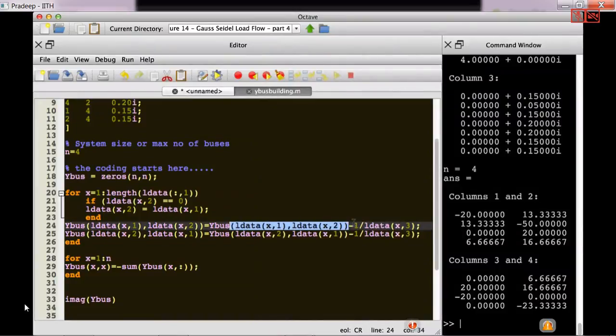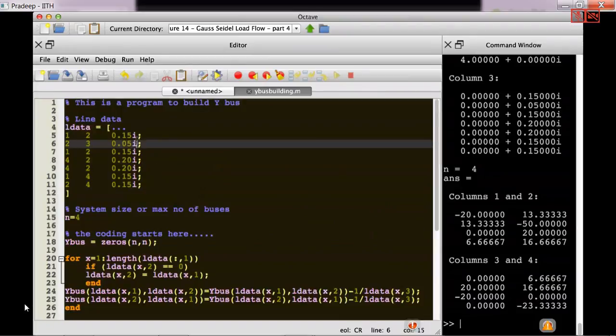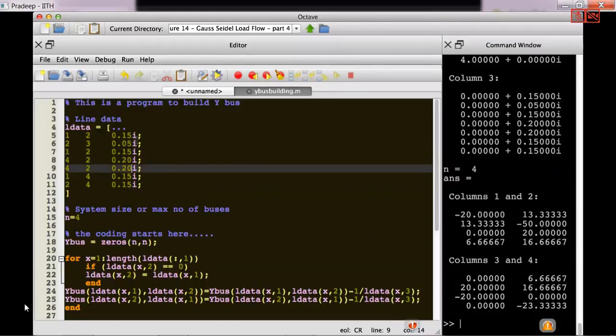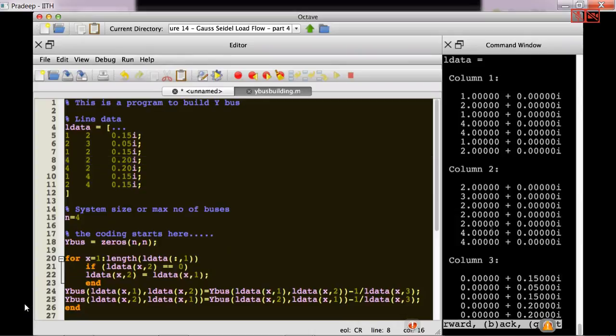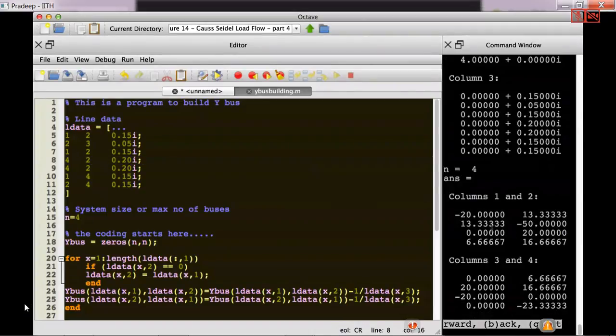Some of the elements in the Y-bus, I'm getting real numbers, so I'm a little bit worried where the problem is. Okay, so now we got it. On your screen, what you're seeing is the Y-bus for our system.